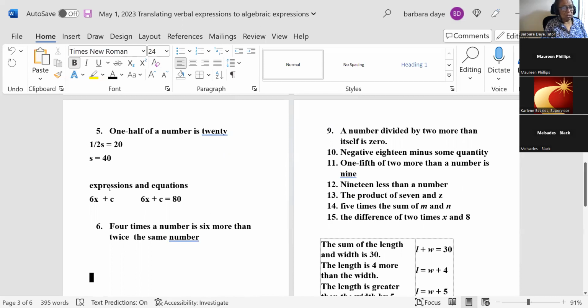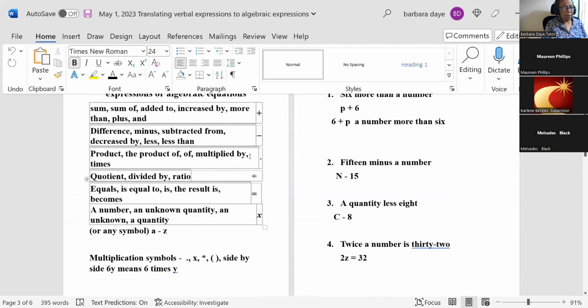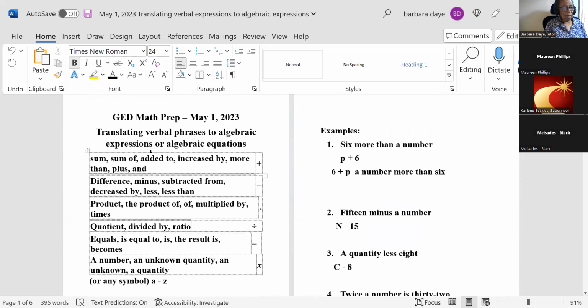But just to review, let me go back. I gave you something at the beginning. I gave you some phrases that represent addition, subtraction, multiplication, division, equals, and how you represent the variables.